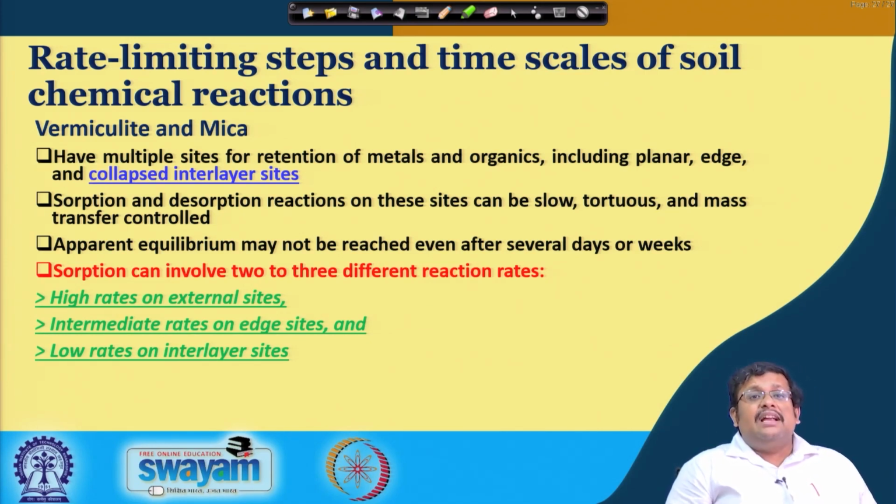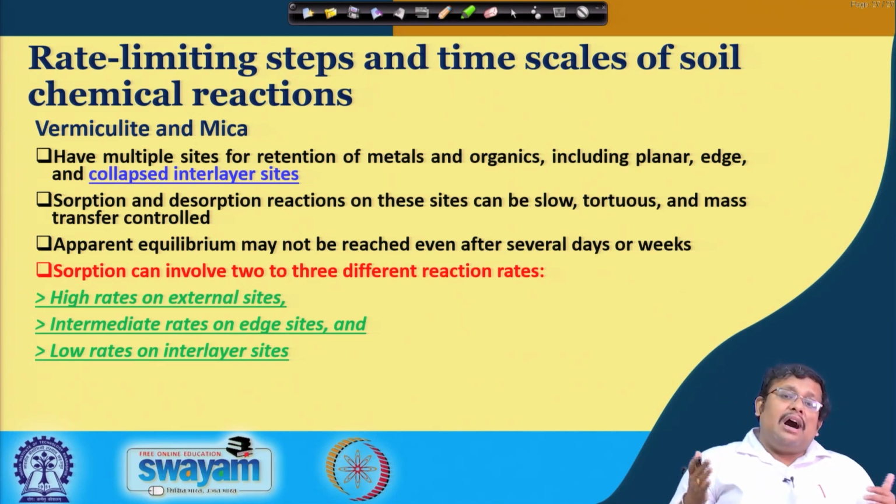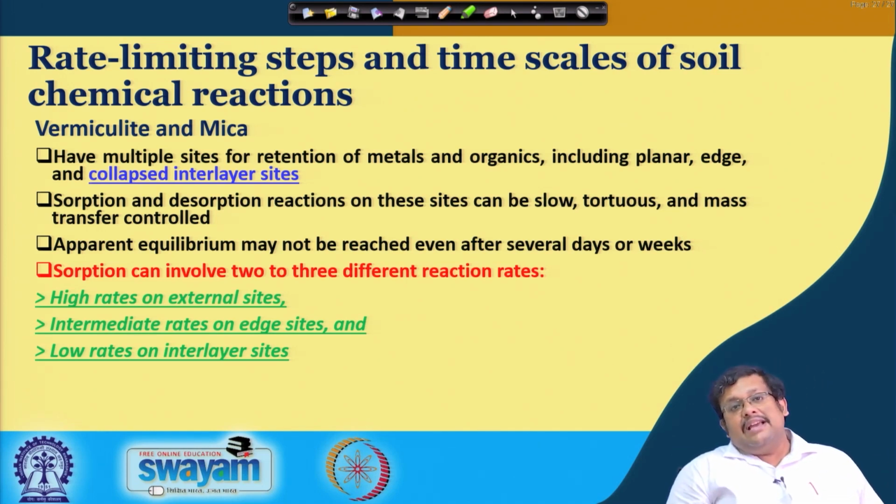As a result, apparent equilibrium may not be reached even after several days or weeks. So, you can see how this time frame differs from kaolinite and smectite to vermiculite and mica.